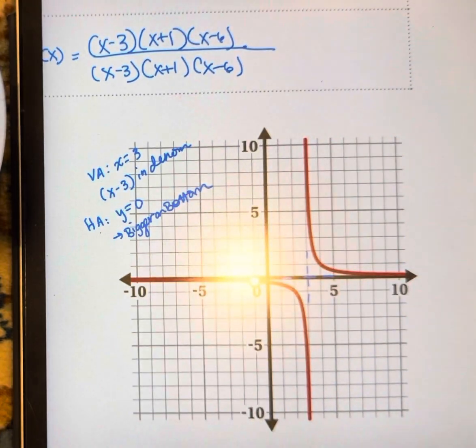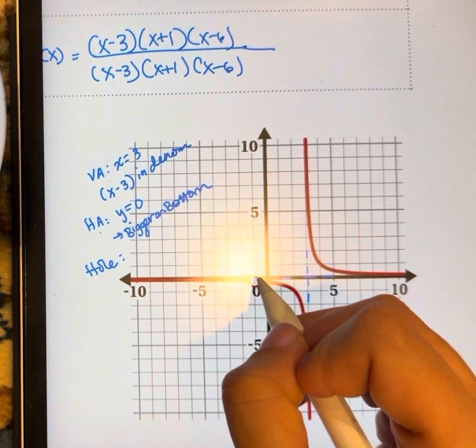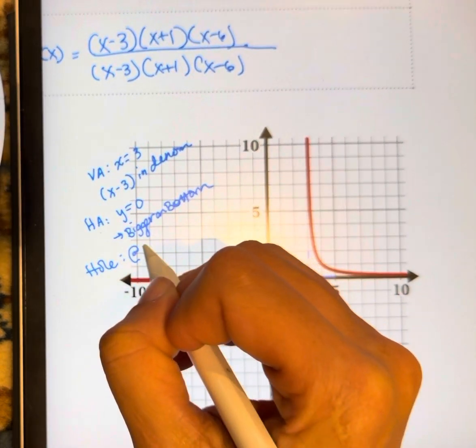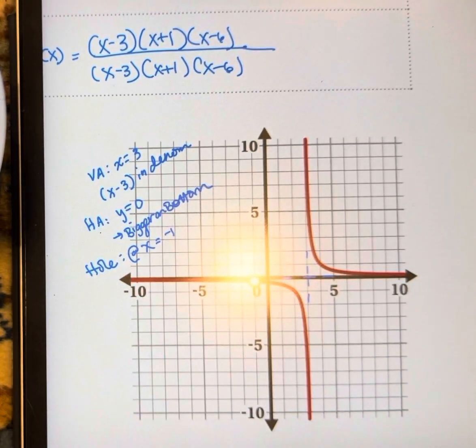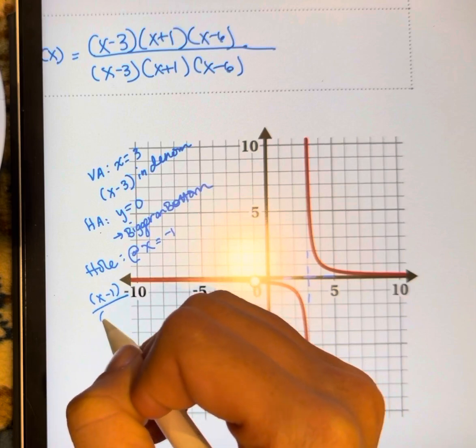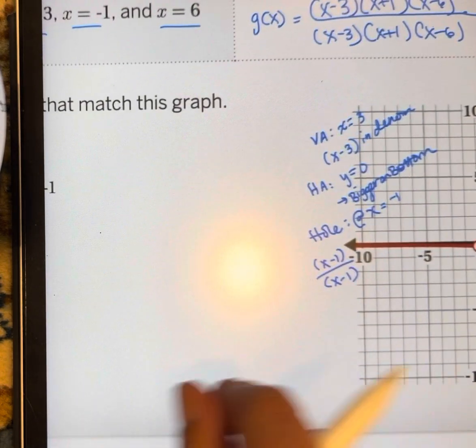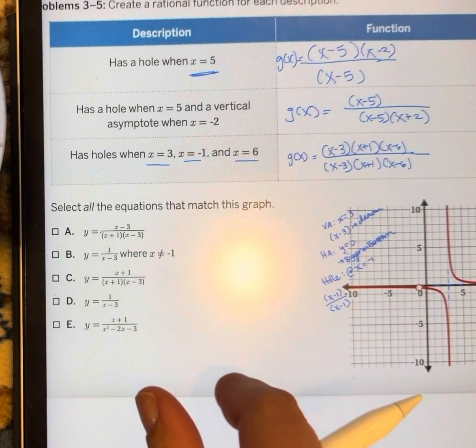That's according to Bobo Button. Look back at old videos if you don't know Bobo Button. This graph also has a hole at negative 1. That means that it has an x minus 1 on the top and 1 on the bottom that cancel. So let's go see. Which of those functions do all of that?